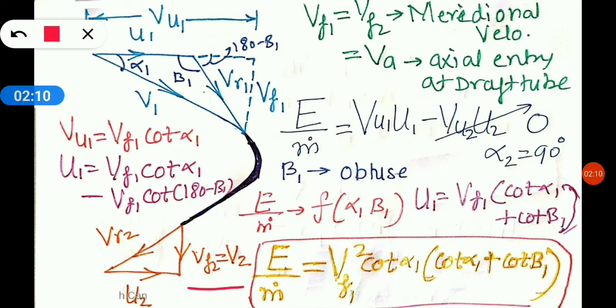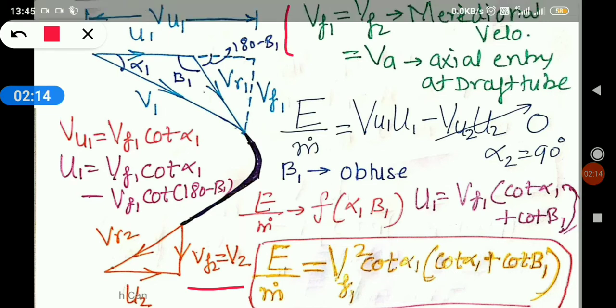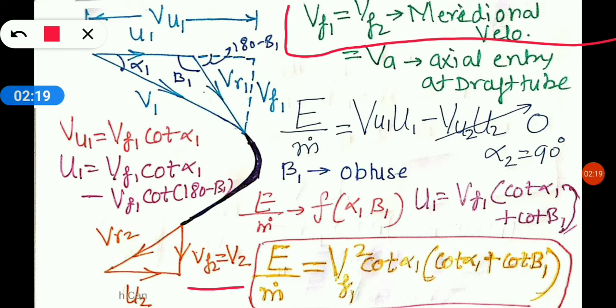Fine. So now another important design constraint in case of modern Francis turbine is this, that is Vf1 and Vf2 are same, that is the flow velocity at inlet equal to flow velocity at outlet. Now one of the advantages of this is that it will make the change in momentum in the radial direction 0, because Vf1 and Vf2 are what?